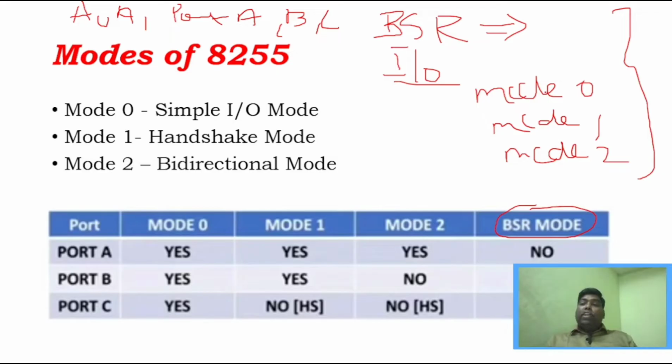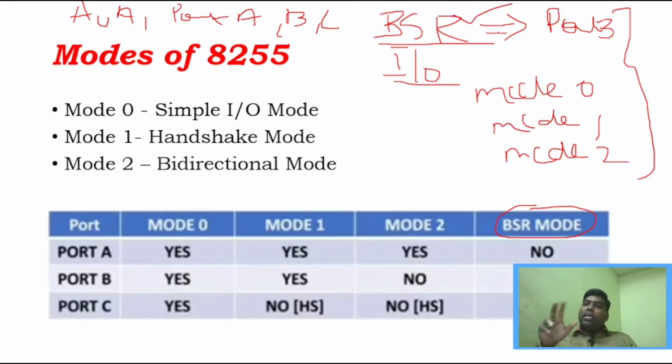Coming to the modes, I explained what bit set reset mode is in the previous video. Bit set reset mode is just to enable and disable, that is to set and reset, a particular individual bit of port C. This mode is supported only by port C. Port A and port B will not support BSR mode.